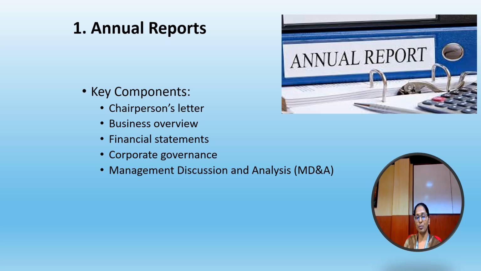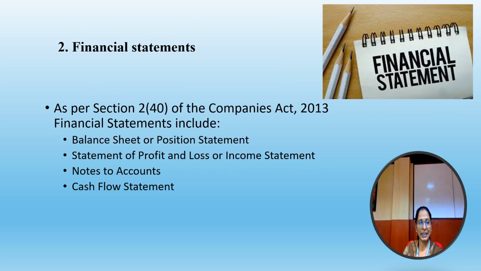A second component in financial reporting is going to be the financial statements. As we all know, financial statements are the end products of the accounting process and are prepared at the end of the accounting period to reveal the financial position of the enterprise at a particular date and the result of its business operations for an accounting period.